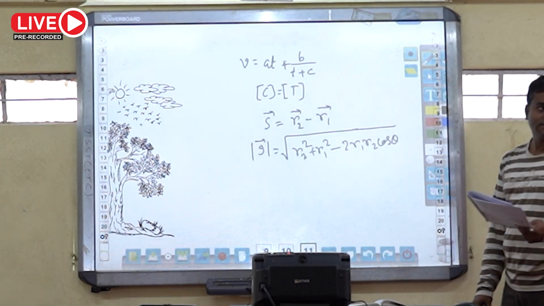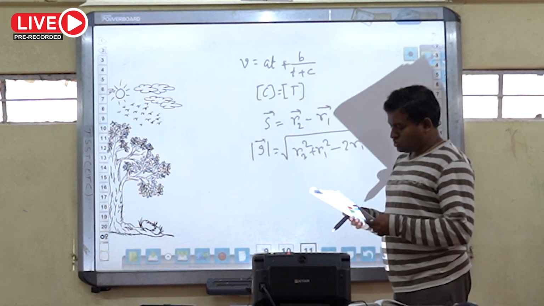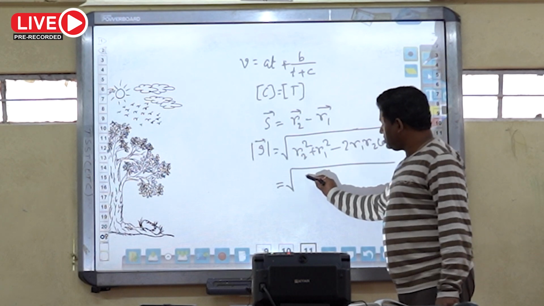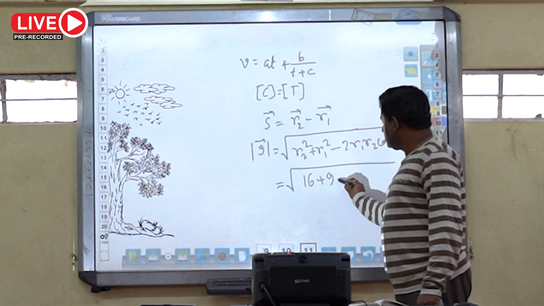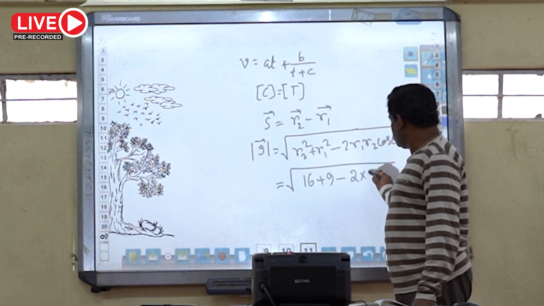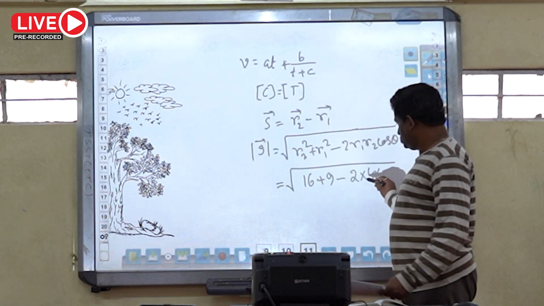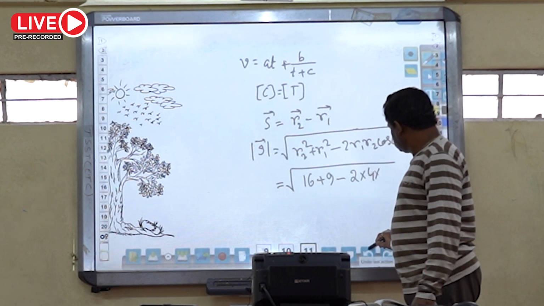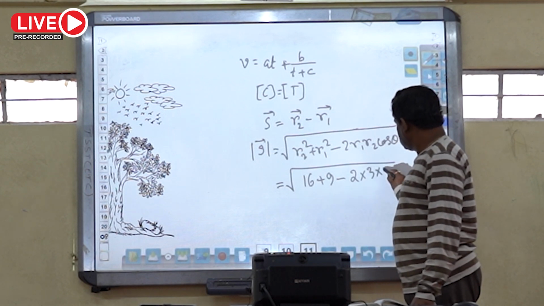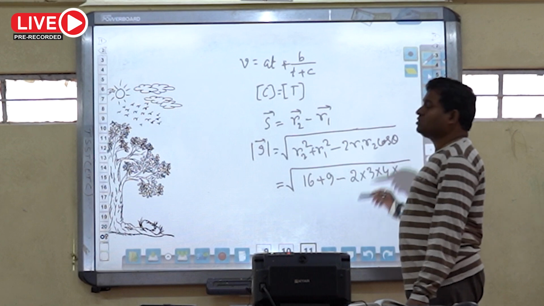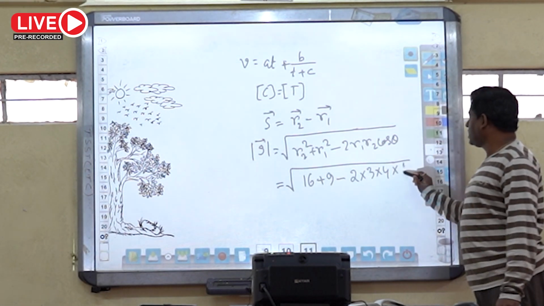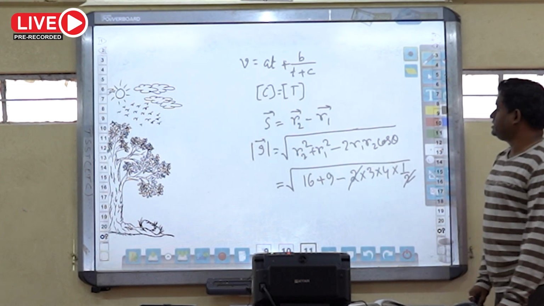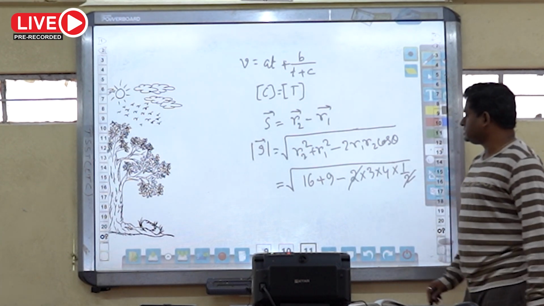Then calculate. R1 is given 3, R2 is 4. 16 plus 9 minus 2 into 4 into 3 into cos 60. Cos 60 is half. So it is 25 minus 12, that is root 30.